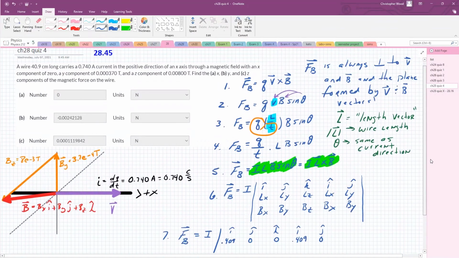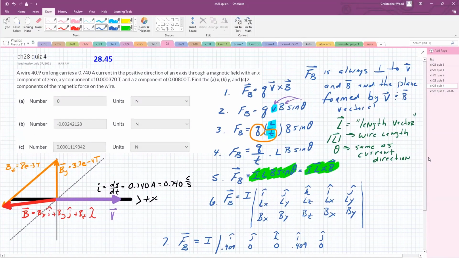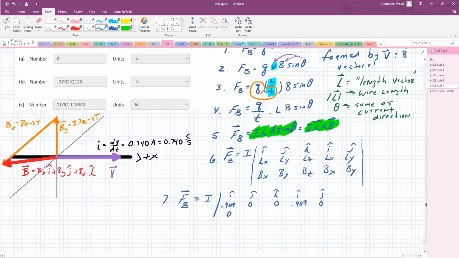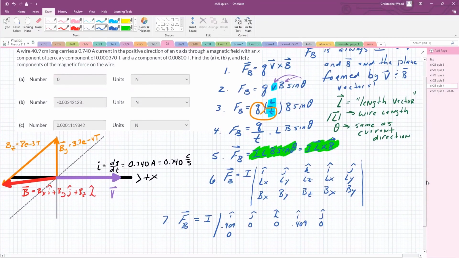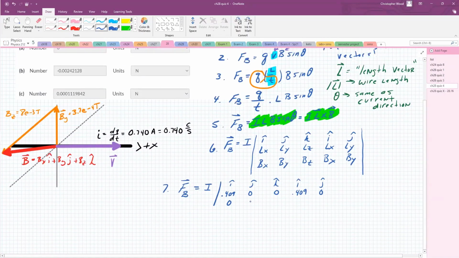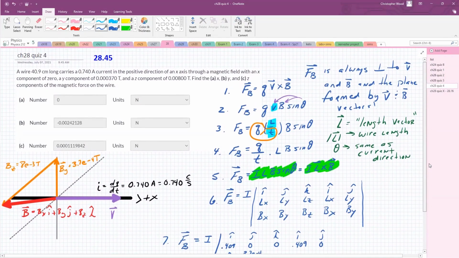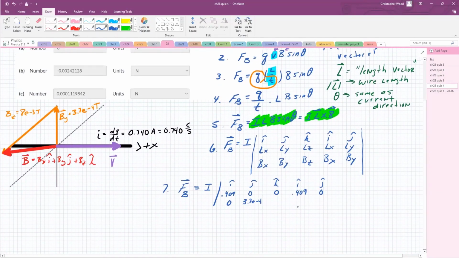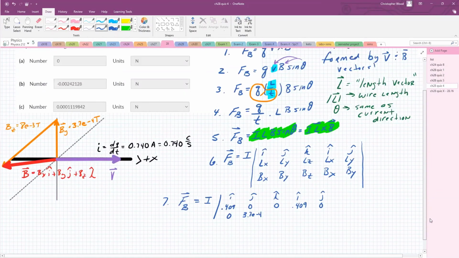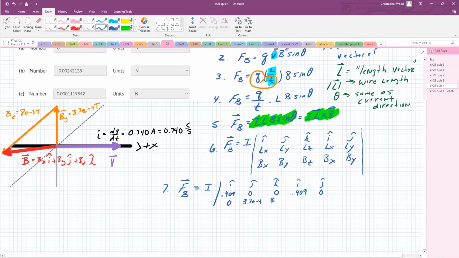And B sub x, for me, is 0. B sub y is given as 3.7E minus 4 Tesla. B subscript z, the k hat component, is 8E minus 3 Tesla. Then repeat 0, 3.7E minus 4, and then crisscross.